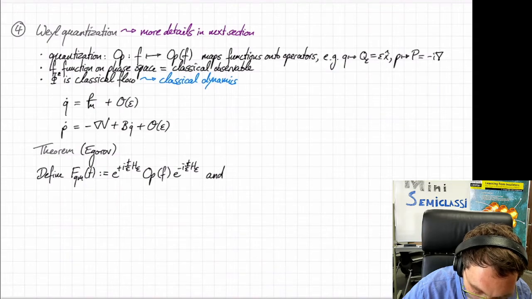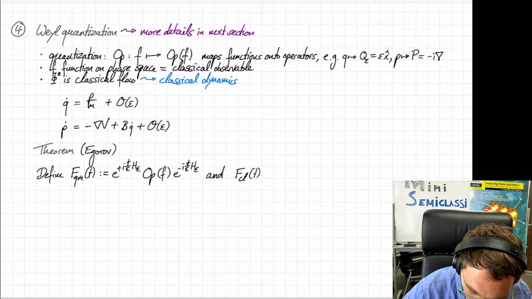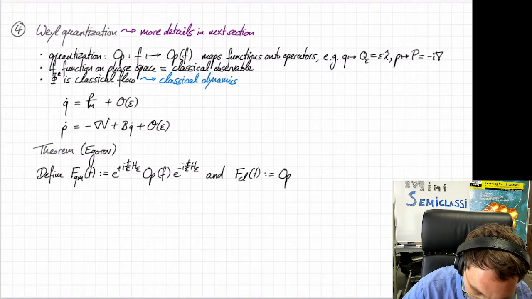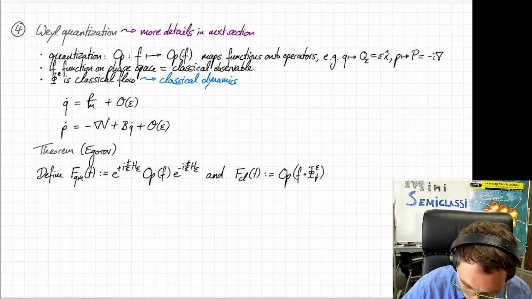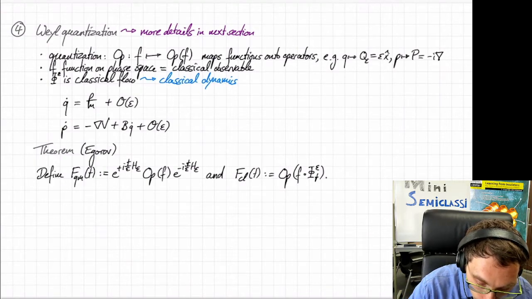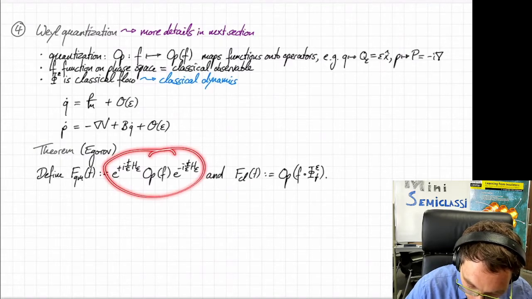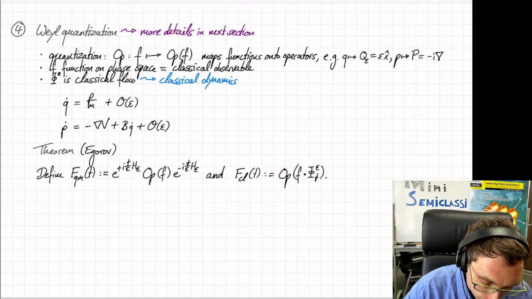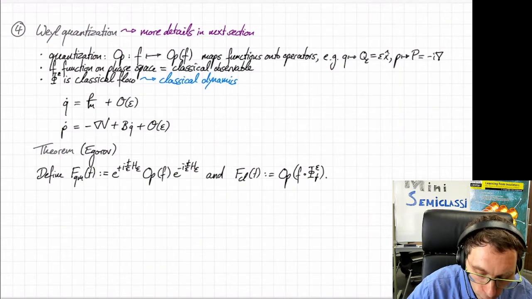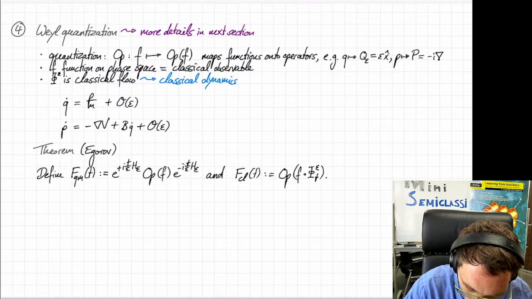And I'm also defining the classically evolved observable, which is the quantization of the classically transported observable. So now both of these are operators on my Hilbert space. I can compare them, and the natural way to compare two operators is to use the operator norm.